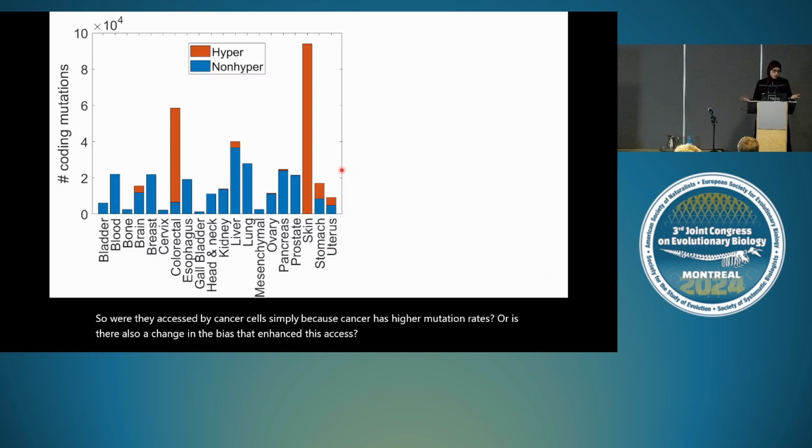So we worked on cancer genomics data. We analyzed data from the PCAWG dataset. We have data from 20 different tissues, as you can see here. Some of the samples are hypermutated. These are the ones shown in red. These have more than 10 mutations per megabase, and the others we call non-hypermutators, okay?